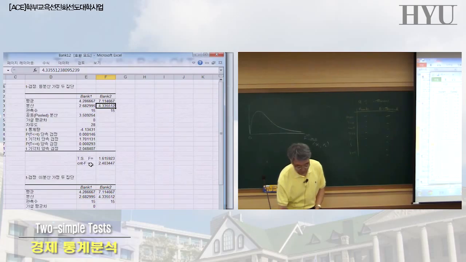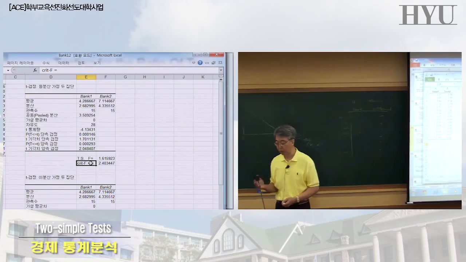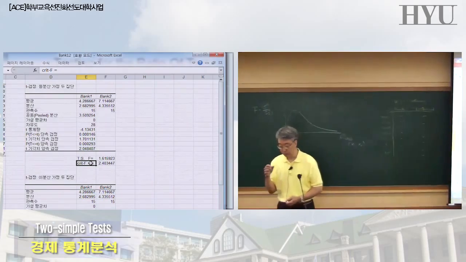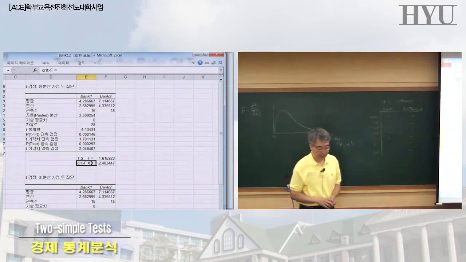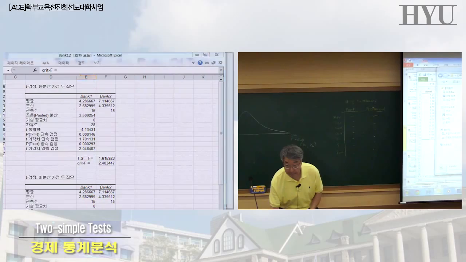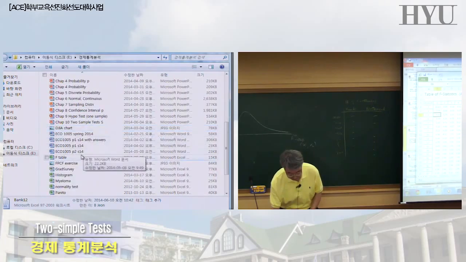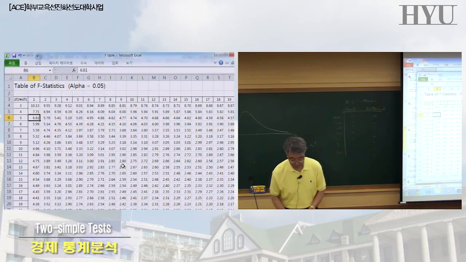All right, and then for the critical F value, you can use the table. If you go to the end of your textbook, there are F tables. But let me show you this table, the F table. This is the same F table, but I just took it for an alpha level of 0.05.